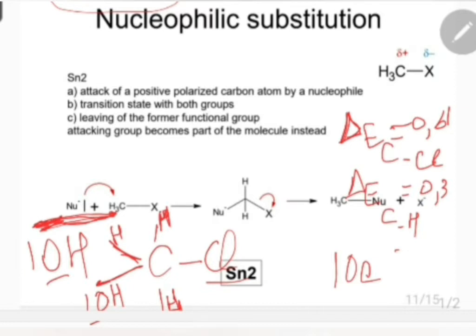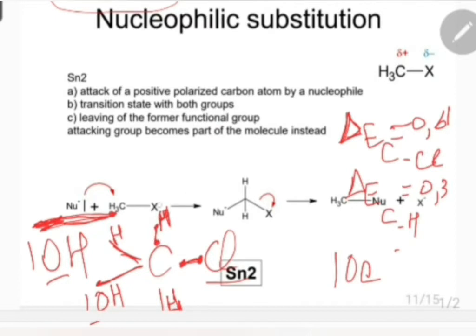the Cl, the chlorine, is more electronegative than the carbon. So the electron of the carbon will be closer to the Cl than to the carbon itself, although it still belongs to the carbon, but it's closer to the Cl due to the bigger electronegativity of the chlorine than the carbon. And as for the CH bond, it's the opposite.